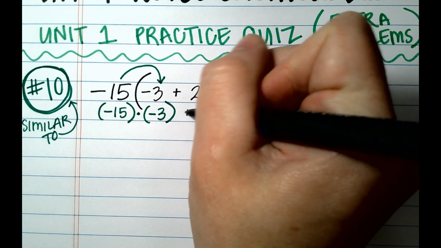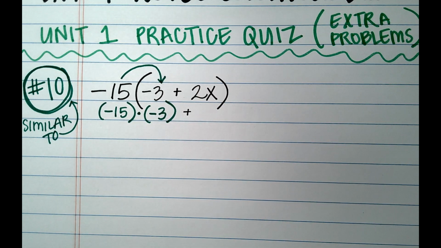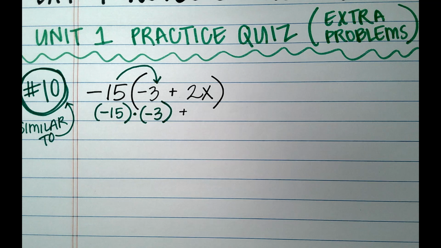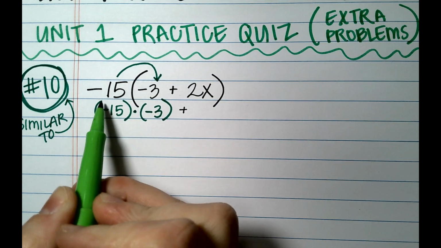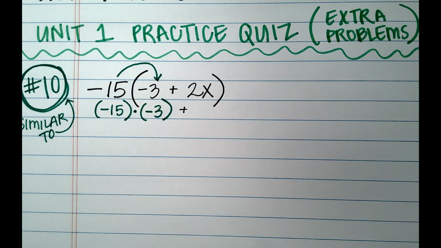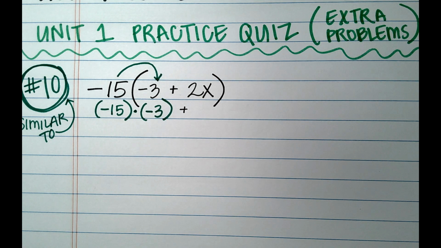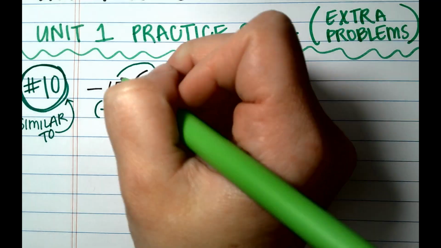Bring my plus sign down. And I think I'm going to use a slightly different color the next step, just to separate what's happening. So I've done negative 15 times negative 3. What else do I multiply negative 15 by? The 2x. Good.